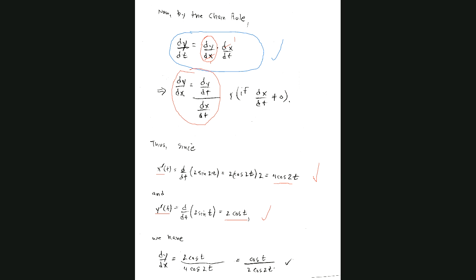So now it's just a matter of plugging in the dy dt and the dx dt. And so dy dx would equal 2 times the cosine of t over 4 times the cosine of 2t. And that'll simplify to cosine of t over 2 times the cosine of 2t. Are there any questions on that?